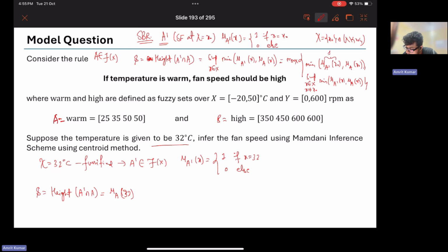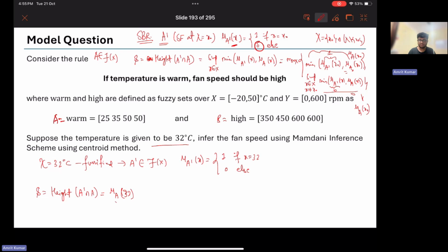This is 1, and therefore this whole thing turns out to be mu A of x naught. This is 0 because x varies over X minus x naught, and for all x not equal to x naught, membership of x in A dash is 0. Therefore the entire minimum is 0, and therefore the entire supremum is 0. So you actually end up getting mu A of x naught, right?